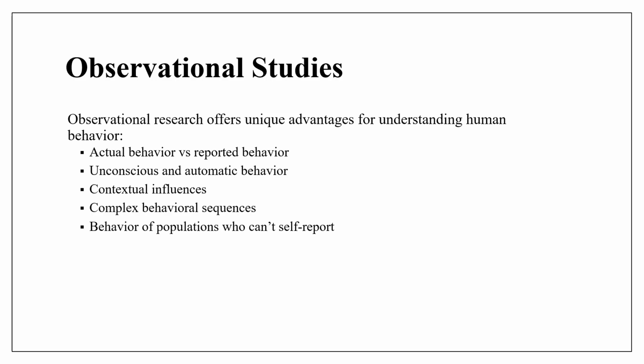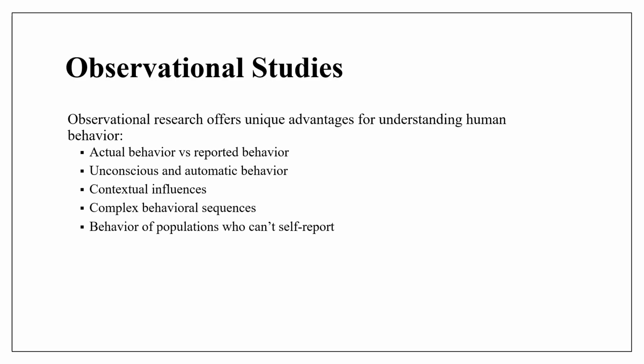Contextual influences, so again, understanding how behavior might change depending on situations or places or across people. Understanding maybe complex behavioral sequences, so your behavior doesn't happen in a vacuum. There's typically a lot of things going on at the same time.